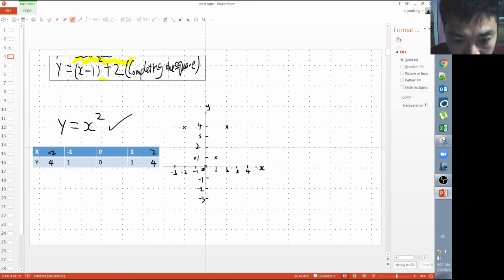I'm using freehand, so it might not look very good, but it should be good enough. Start to draw the right hand side and now complete the left hand side.